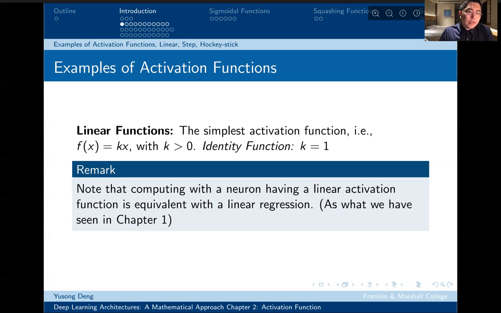That is the identity, really straightforward. As we have seen in chapter 1, computing with a neuron with a linear activation function is equivalent to just a linear regression. So there's nothing fancy about it. We don't want to stay too long on this part in this video.